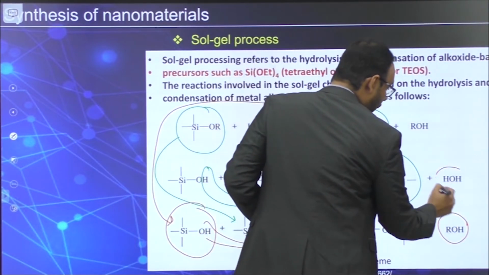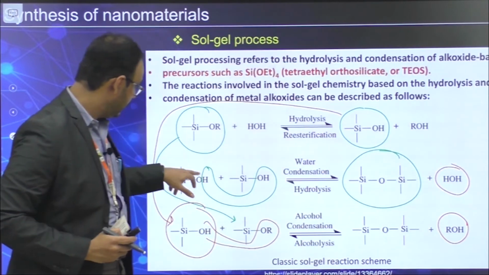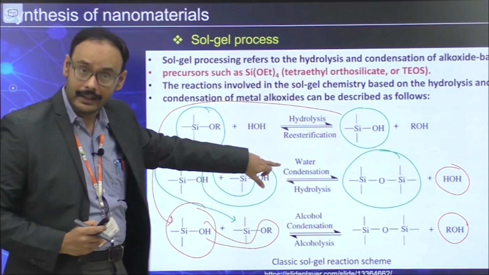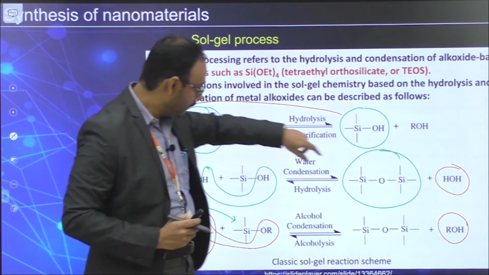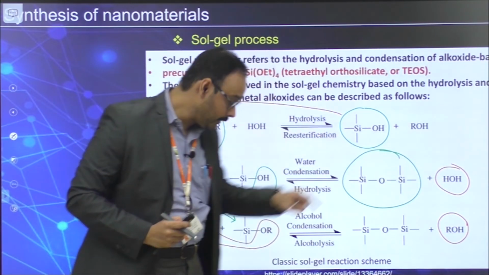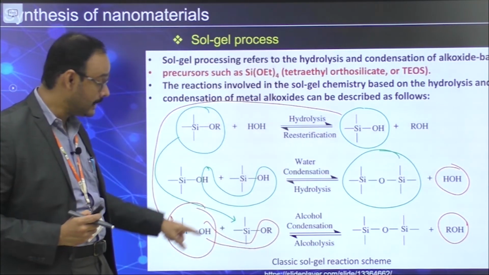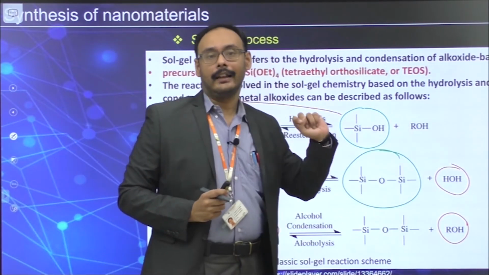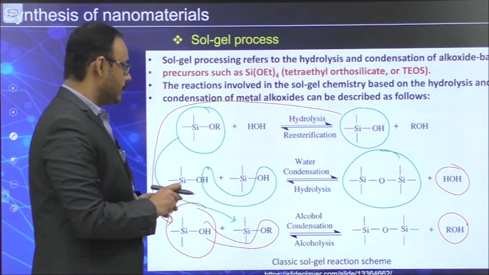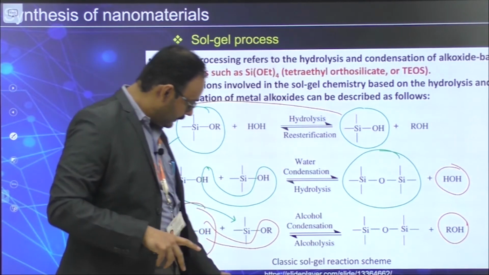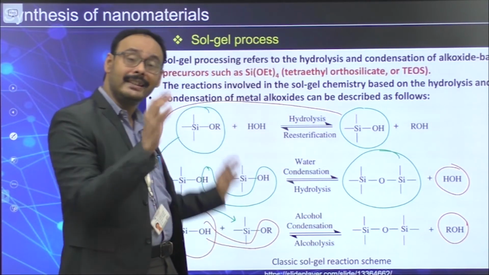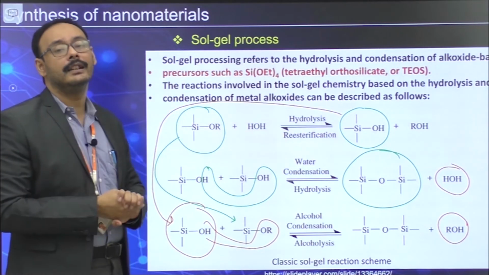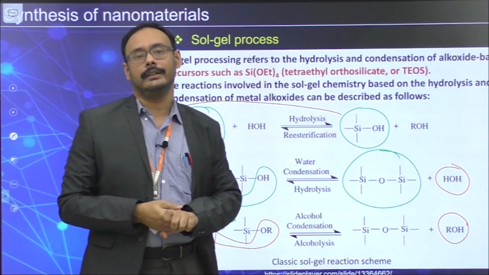Instead of water, when reaction between two hydroxyl groups is going to give you water as a byproduct, reaction between one hydroxyl and one alkoxy group is going to give you alcohol as a byproduct. So now what happens in this particular case, this is the basic reaction for the entire sol-gel process in this particular context.